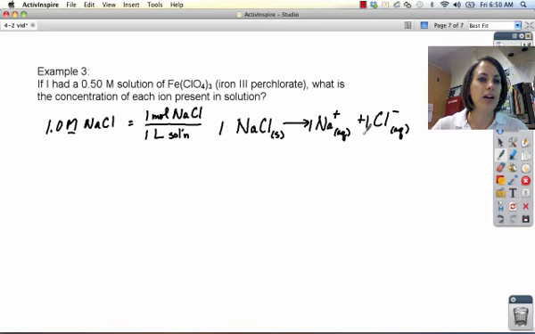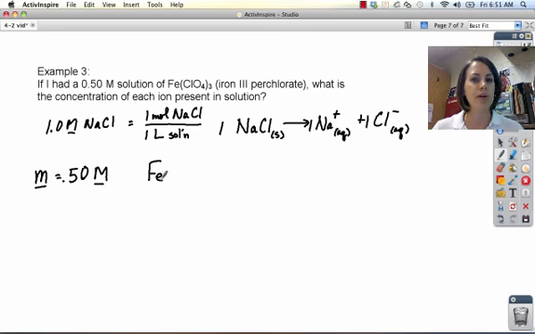So keeping those coefficients in mind as we look at those relationships, let's look at our example 3 here. If I had a 0.50 molar solution of iron(III) perchlorate, what is the concentration of each ion present in solution? So let's set it up in the same way that we looked at NaCl. I want to write a dissociation equation for iron(III) perchlorate.